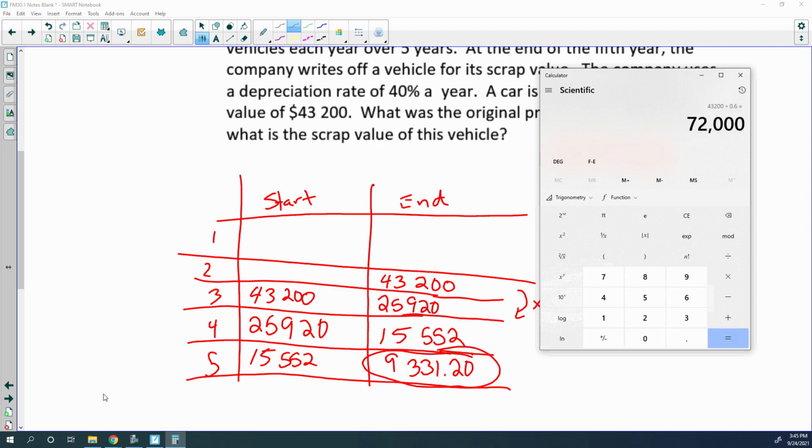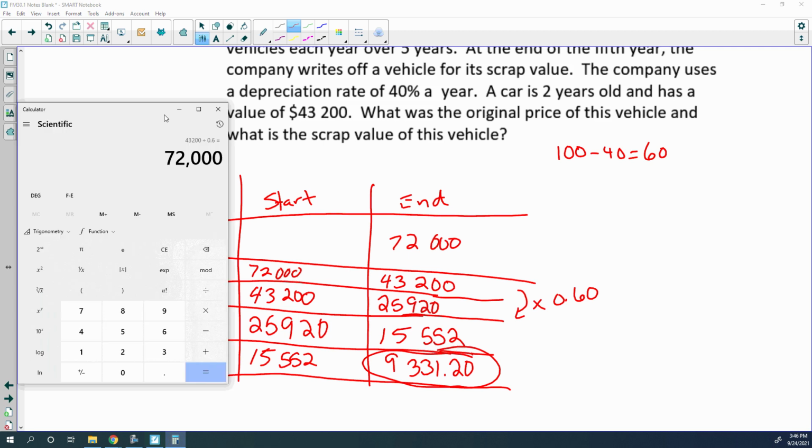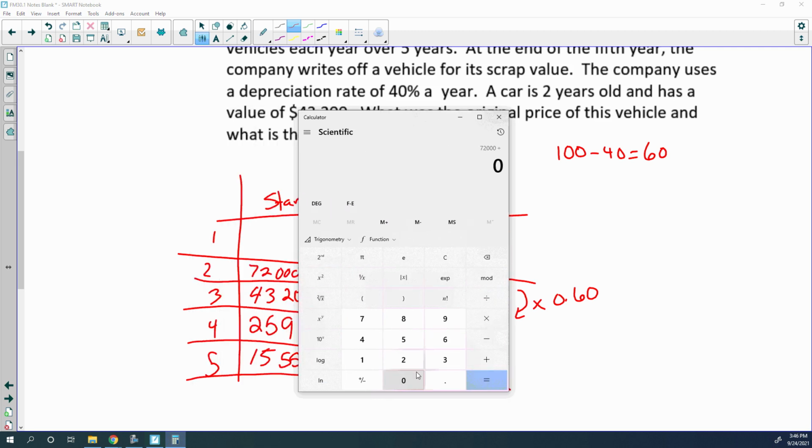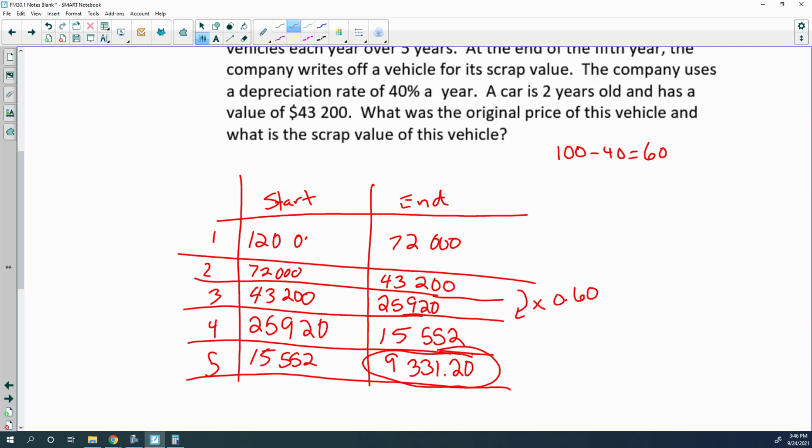So I get 72,000, which is the same as the end of the year. And then I'll divide by that 0.60 one more time to figure out what it was at the beginning. So 120,000. So at the beginning, this vehicle was worth 120,000, and by the end of the 5 years, it's only worth $9,331.20.